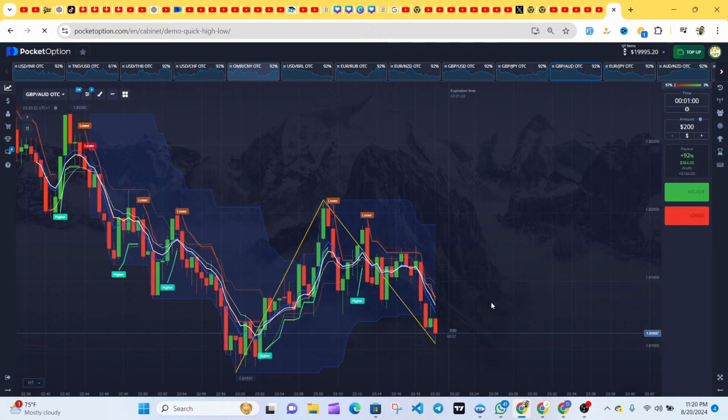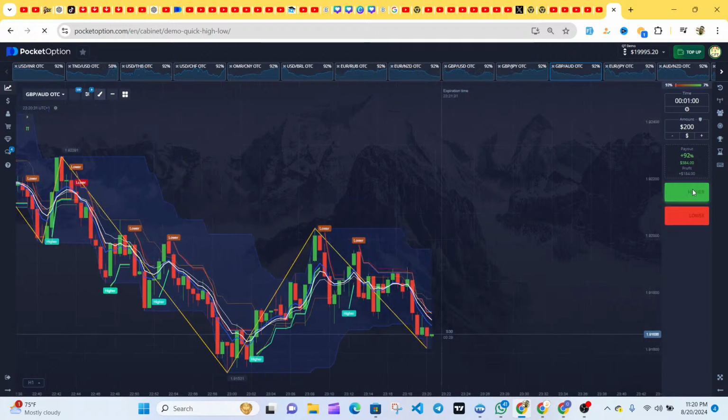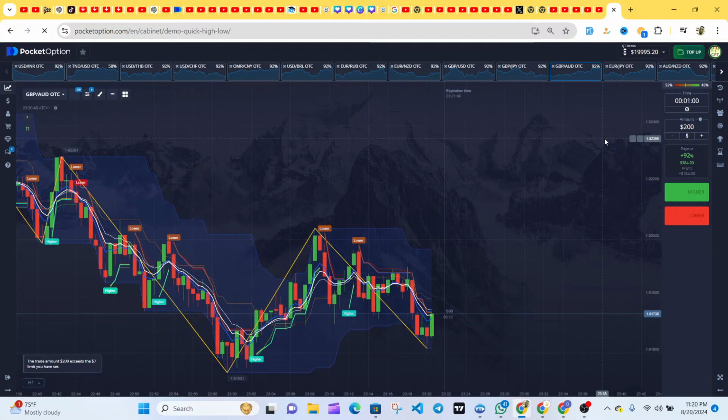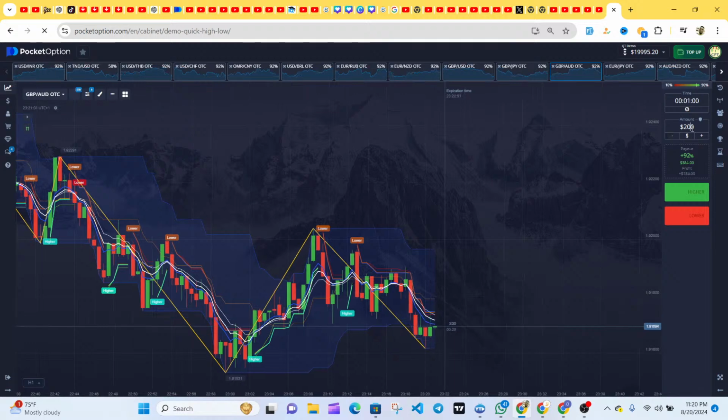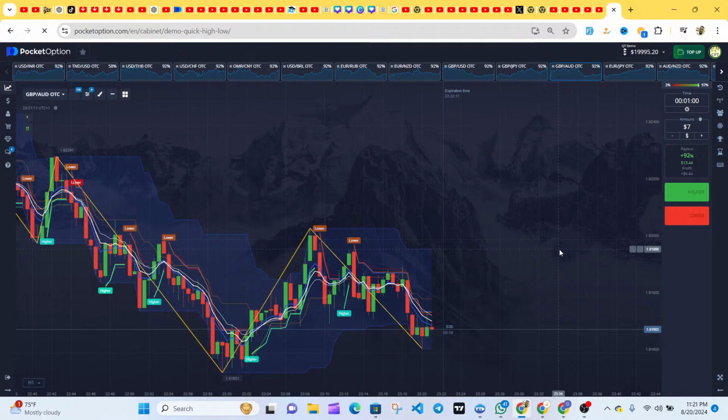Let's take a reversal trade here. Let's take a trend reversal. Let's take a buy. The market has gone also.